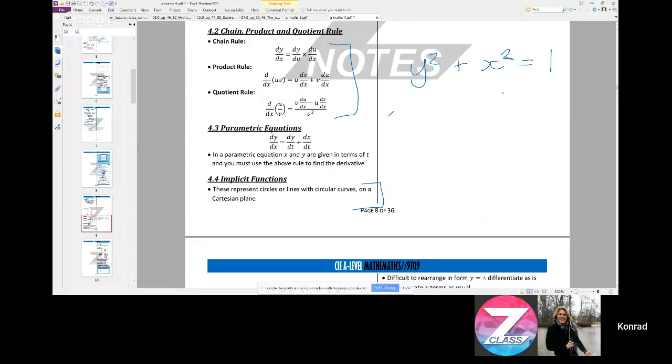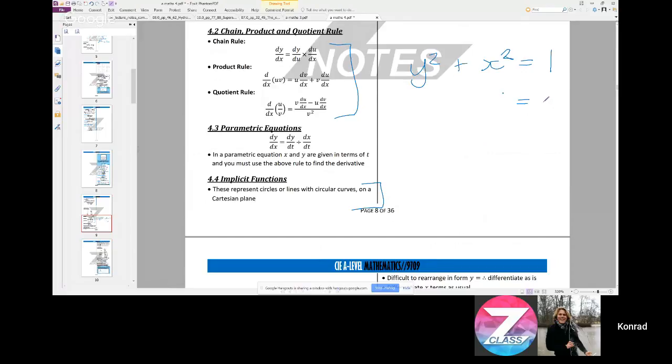Just like before, we're going to go through and differentiate everything in the equation. I'm actually going to do this from right to left because it's easier. So if I differentiate 1 with respect to x, what do I get? Is it just 1? Differentiate 1.